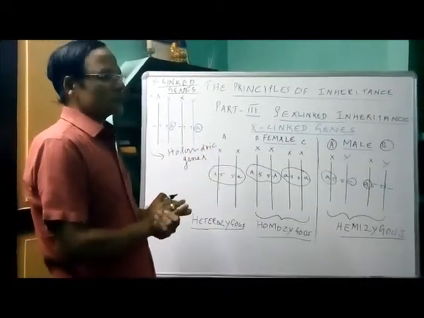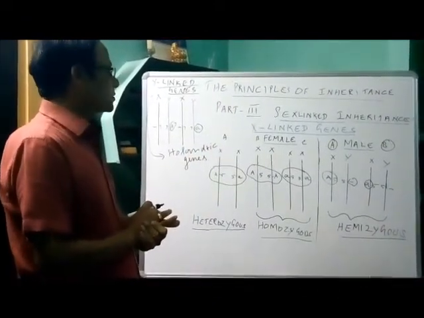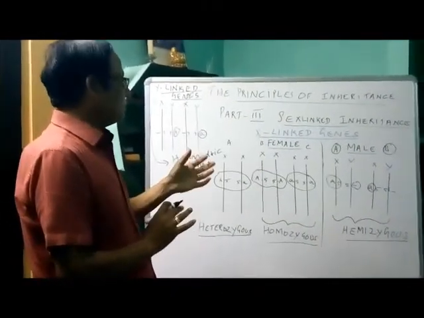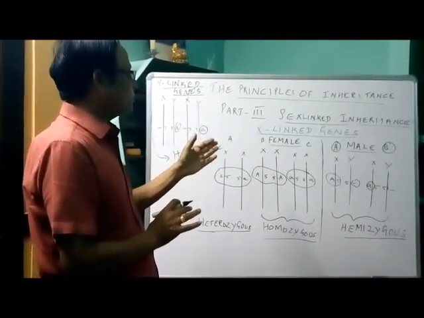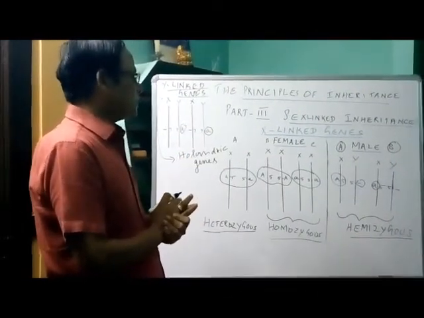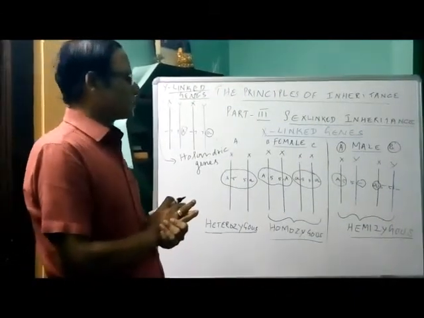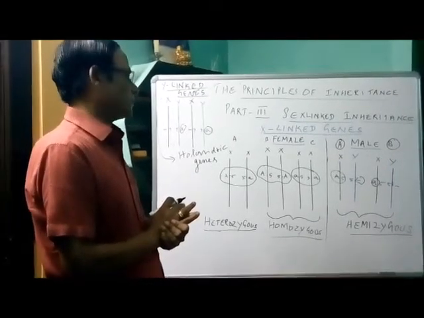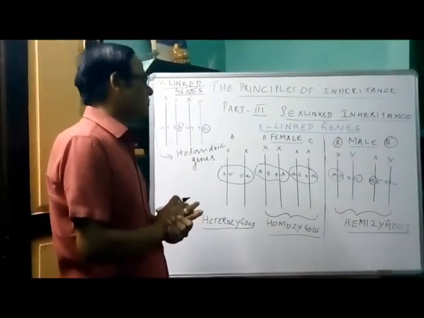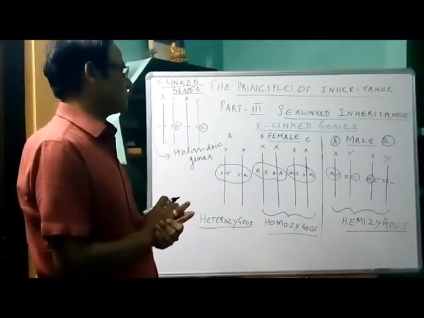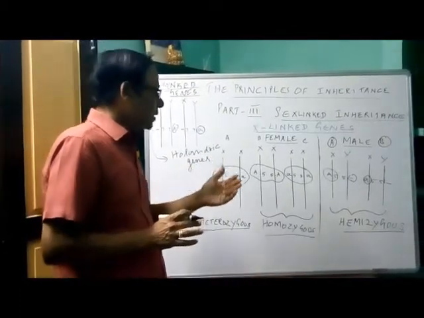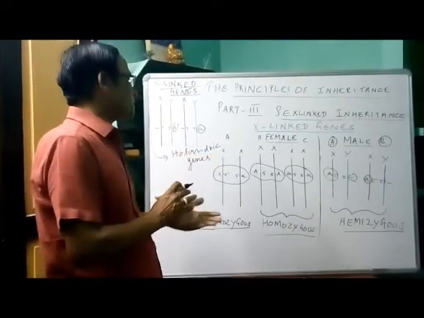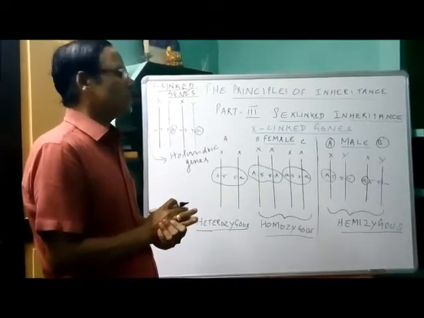One X chromosome comes from the mother and one X chromosome comes from the father, so we get a female. But in the case of a male, as they have only one X chromosome, that X chromosome comes from the mother and not from the father, and so also the X-linked genes. That's why the males receive X-linked genes only from the mother, whereas the females receive X-linked genes both from father and mother.